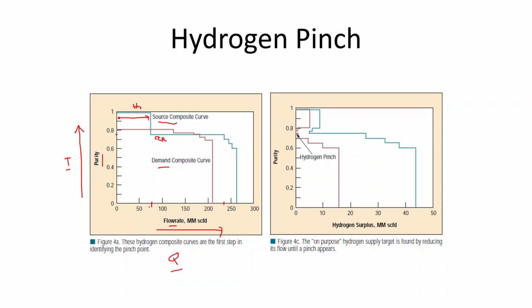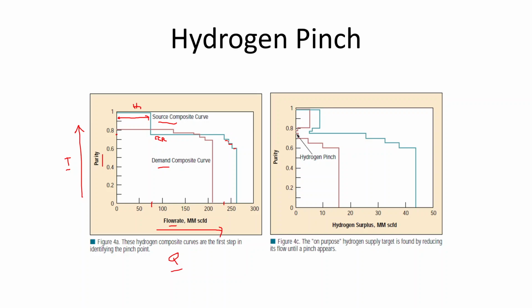So this is 80, so it's about 20, 50, this is 200, maybe 250. So 250 million scuffs of hydrogen streams containing 70 to 75% hydrogen from the CCR, and so forth. So you have this, and then this one, and then that one, and then this one.